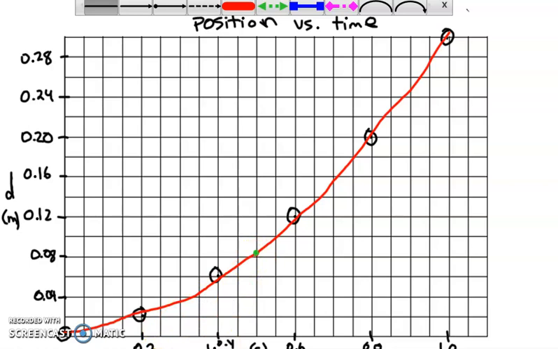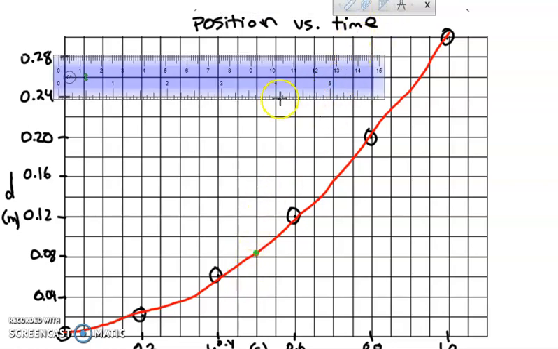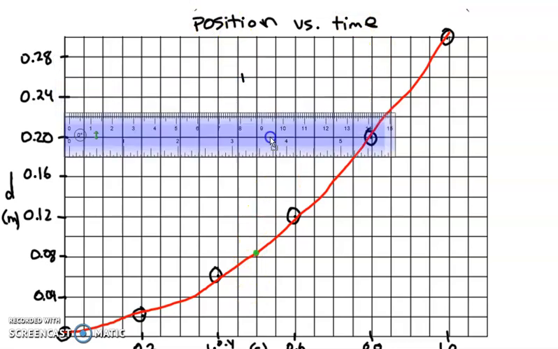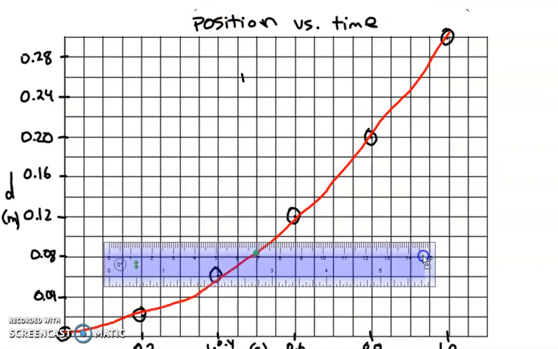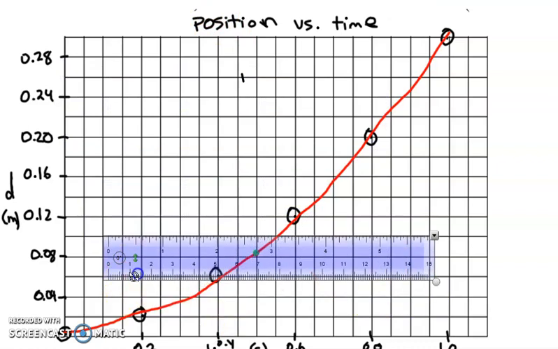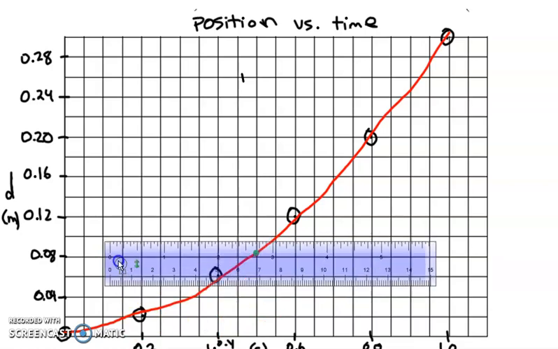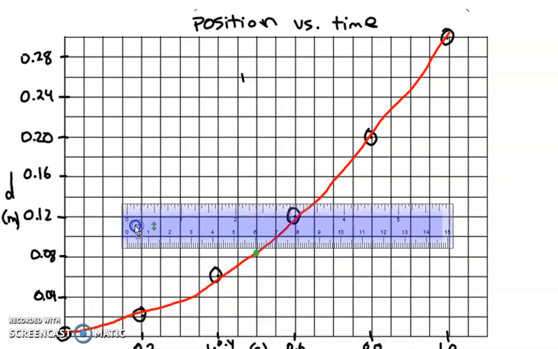Best thing for us to do is to grab a ruler, line it up. So grab a ruler, take the ruler, I need to try to move said ruler.